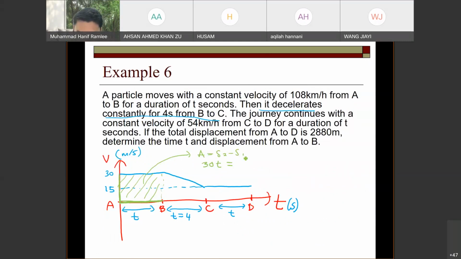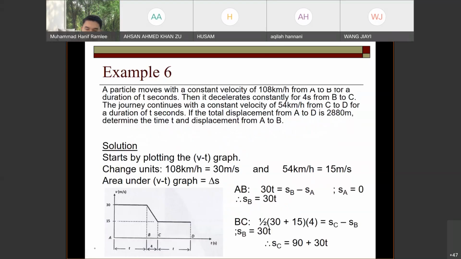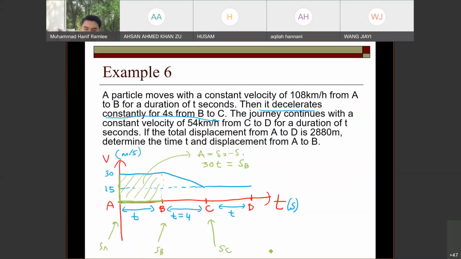And S2, of course, the SB lah. Because this point is SB, this point SC, and this point is SD. Again, the screen is lagging lah.